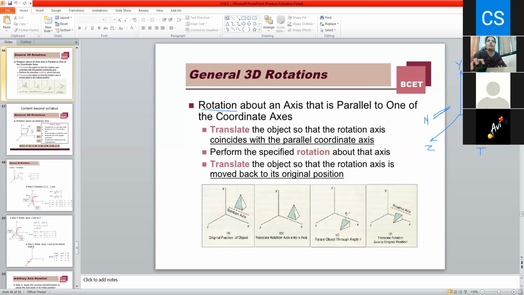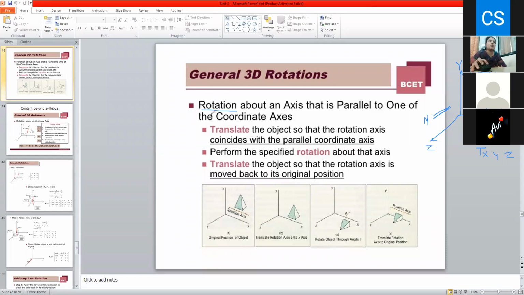But I don't know the T matrix for rotation about such arbitrary axis. मला फक्त T matrix X बरोबरचा माहितीये, T Y बरोबरचा माहितीये, आणि T matrix for Z बरोबर जे आहे तोच माहितीये फक्त for rotation.